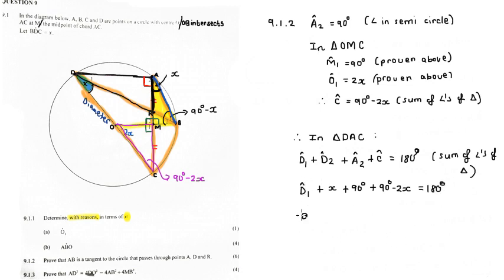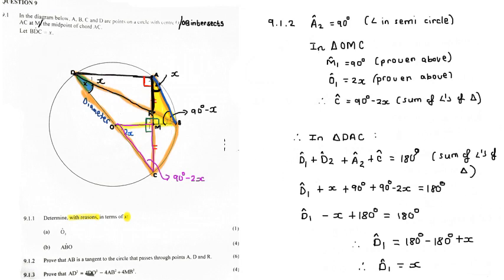So we have angle D1, we've got an x, we've got a minus 2x, so we've got minus x, plus 180 degrees is equal to 180 degrees. So then you can see angle D1 is going to equal 180 degrees minus 180 degrees plus x, making angle D1 also equal x.